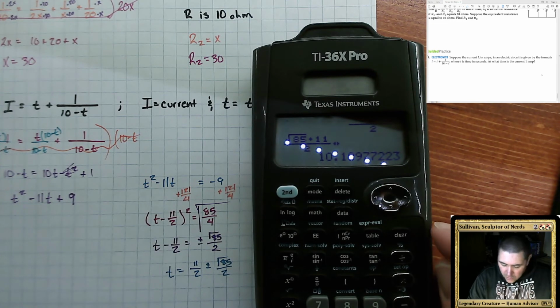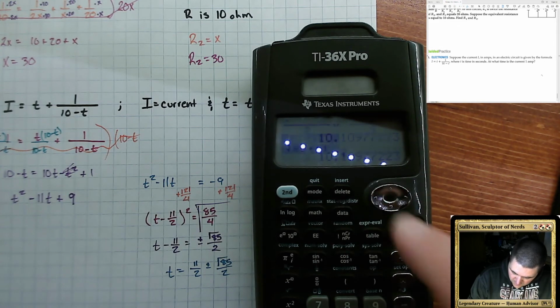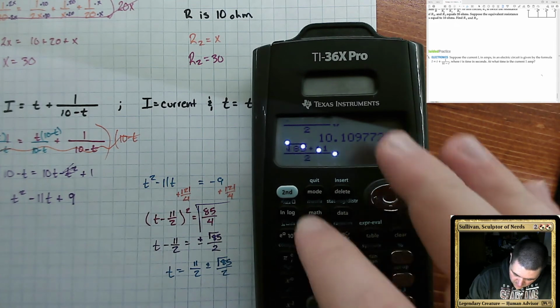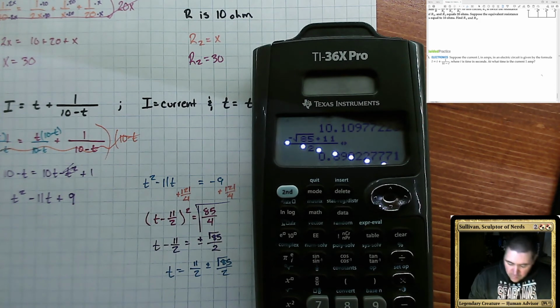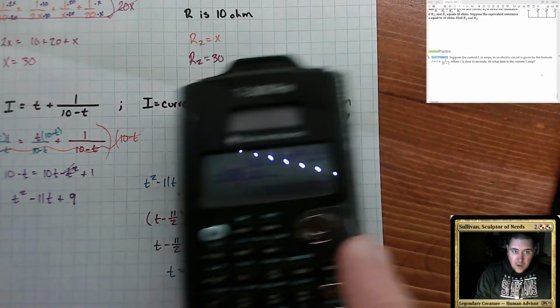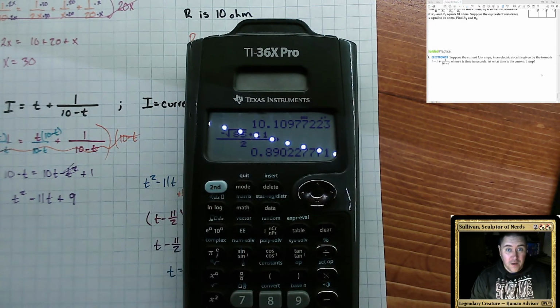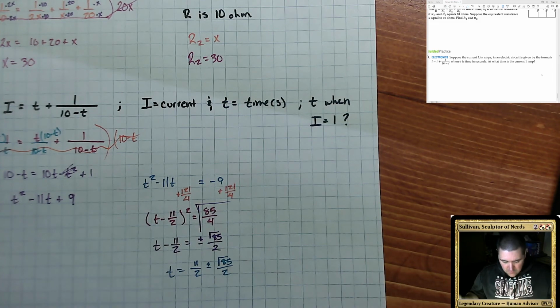About 10.11 seconds. Negative. There we go. Okay, 0.89 seconds. I wanted to be careful about that because, yes, this is the correct answer. This is the perfect answer. But I want to check that I didn't end up with a negative time, because then that wouldn't make sense, and I would again have an extraneous solution. So, there it is.